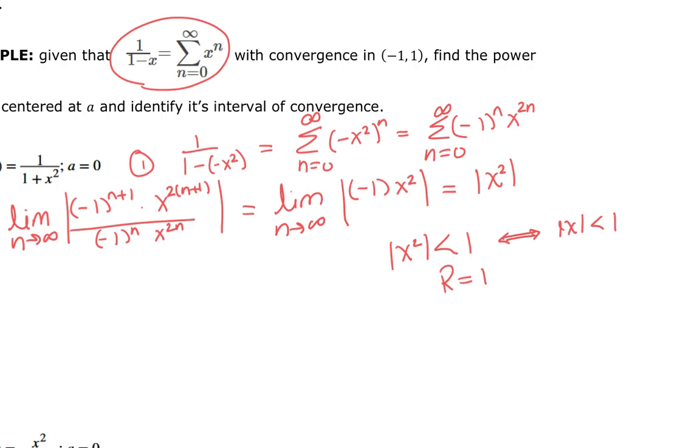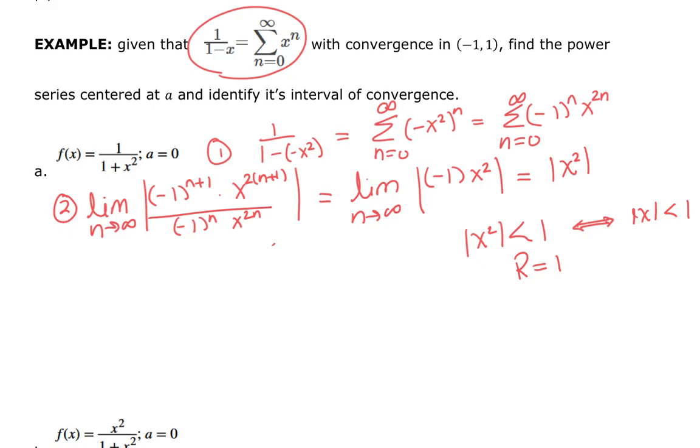Now I have to check whether I'm going to have negative 1 to 1 non-inclusive, negative 1 to 1 inclusive, etc. So I'm going to go back to here, and x is going to be 1 and x is going to be negative 1. These are my two endpoints. I'm going to go back and say the summation of n equals 0 to infinity of negative 1 times the left endpoint, negative 1, to the 2n.